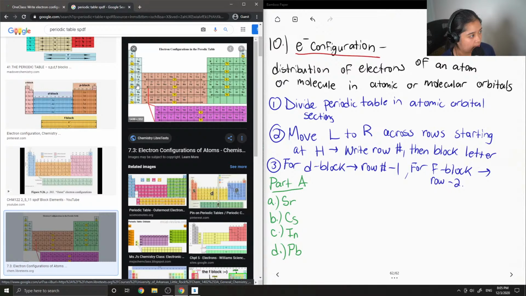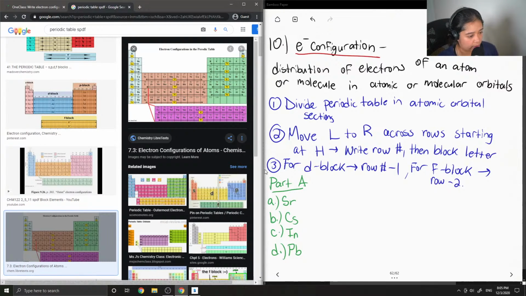I'm going to write the long electron configuration just for the first example, so we can see how to do it. Moving left to right across the rows, starting at hydrogen, I'm going to write 1s2. The 2 stands for both the hydrogen and the helium. Then going to our next row, 2s2. So this brings us to beryllium.